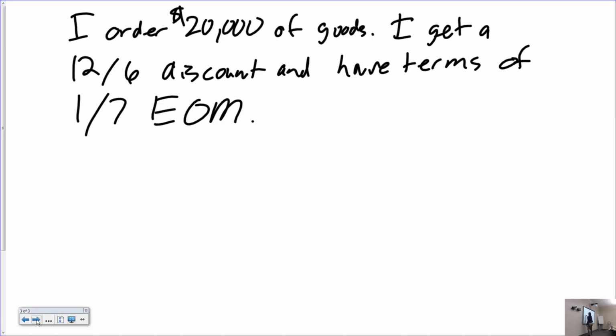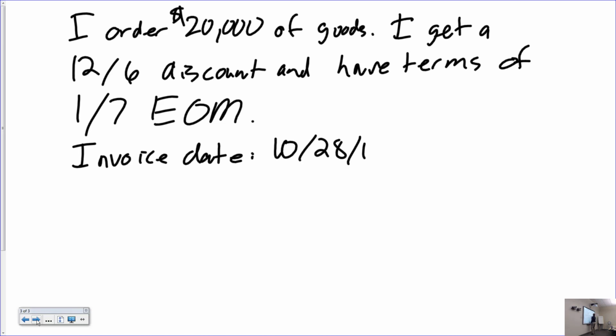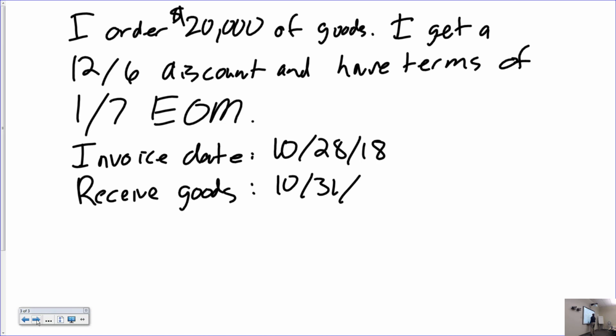Let's suppose that the invoice date was October 28th of last year. And they received their goods on October 31st of last year.